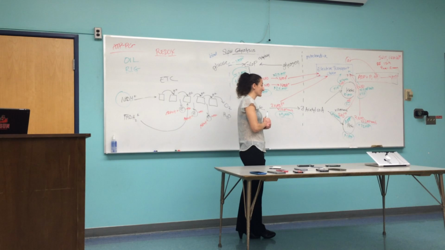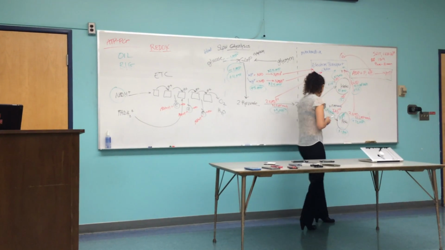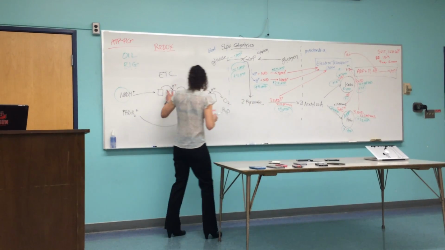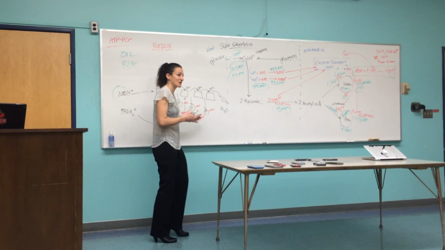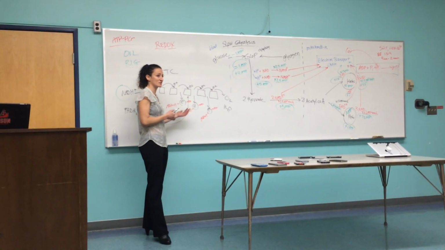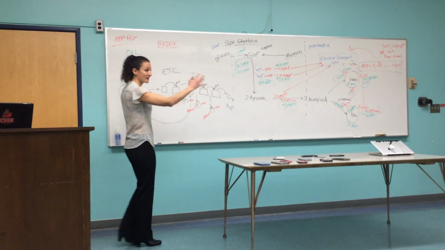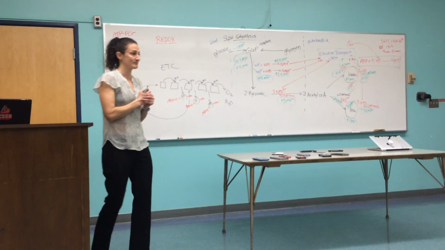I want you to be able to explain why. Why are you getting 2.5 ATP from each NADH? Because it's going through the electron transport chain and producing this much energy. Each time, you go through oxidative phosphorylation and it creates ATP. So this is a big, complex, integrated process.